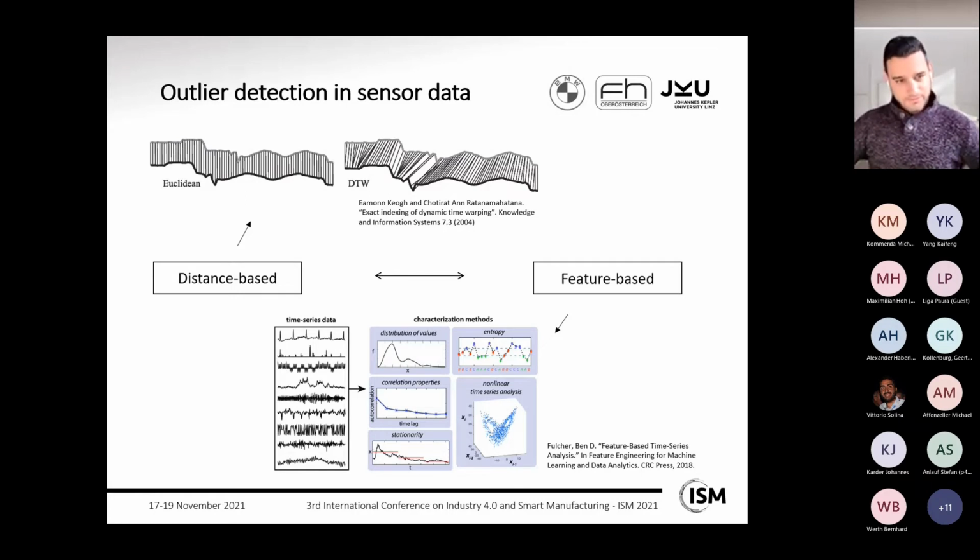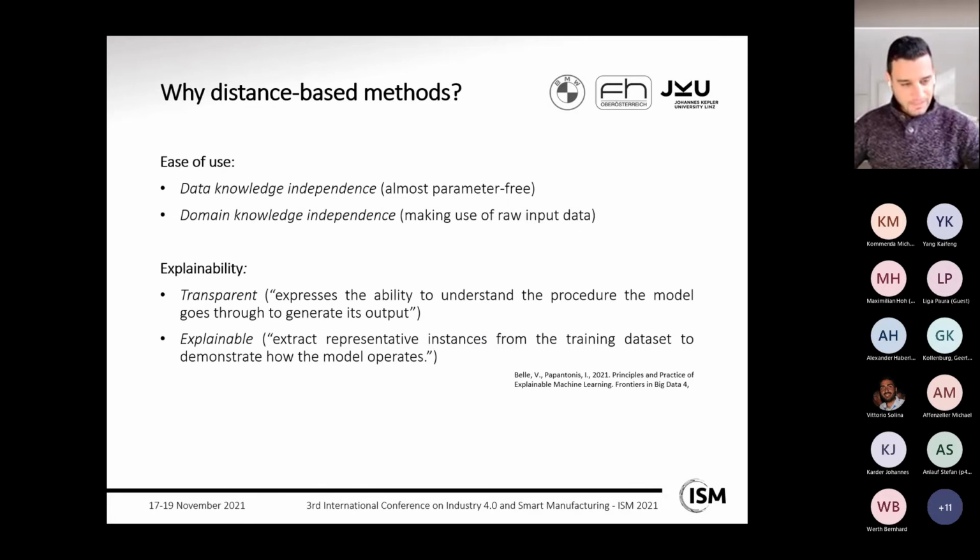The talk I'm giving now is focused on distance-based methods. And why is that the case? Why do we focus in my research now on distance-based methods? There are two main reasons. The first reason is its ease of use.